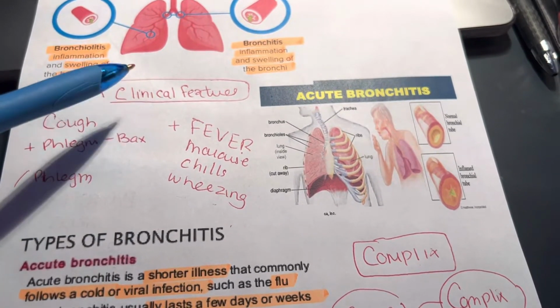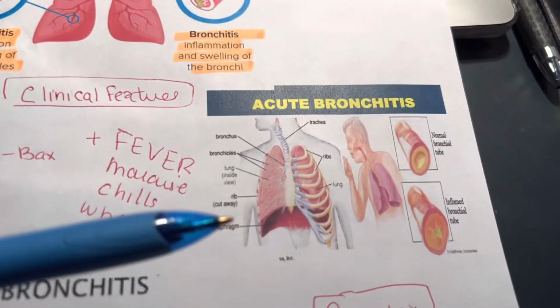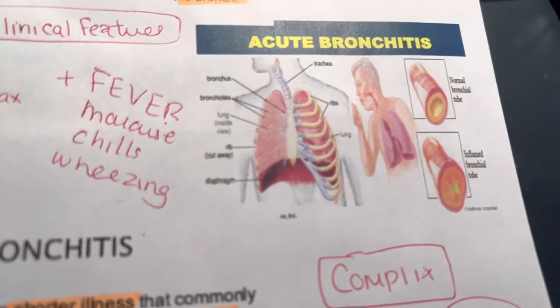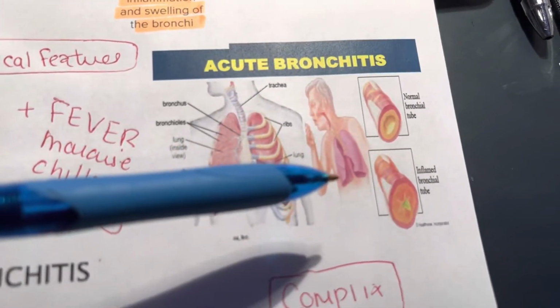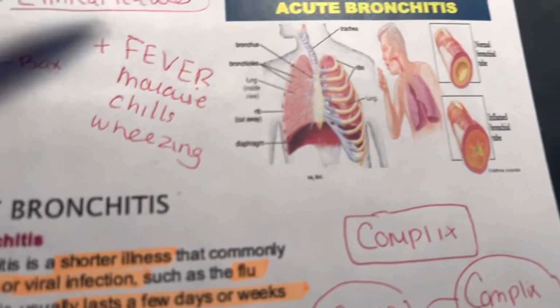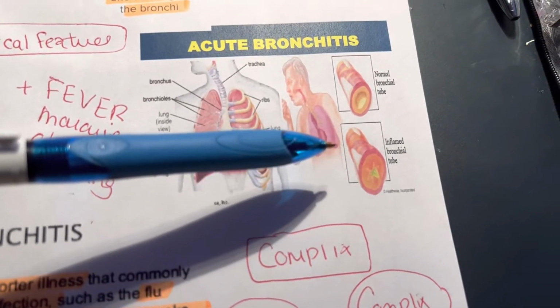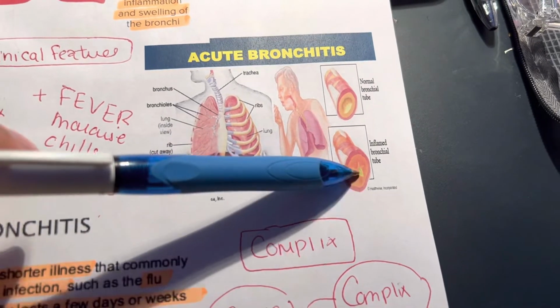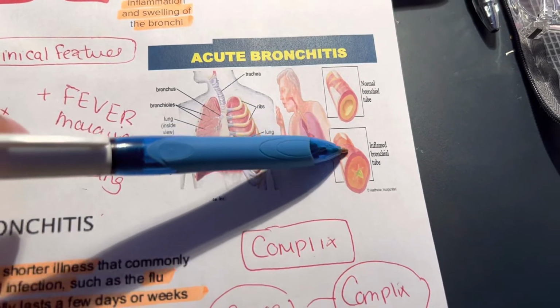You might be able to hear crepitations. Here it is acute bronchitis, an inflamed bronchial tube. As the bronchi, the bronchial tube, not the bronchiole, gets inflamed, that will cause congestion, and that will make it harder and harder for oxygen to pass in the lung.